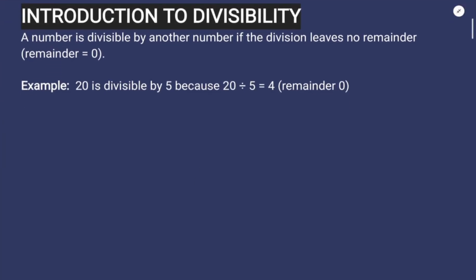First thing is we should know what is divisibility. When do we say that any number is divisible by any other number or not? Suppose you have a number, I say 30, and I ask you, tell me whether this is divisible by 6. So when do you say it is divisible?